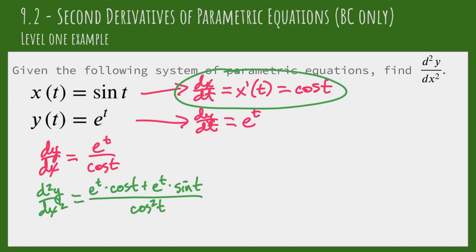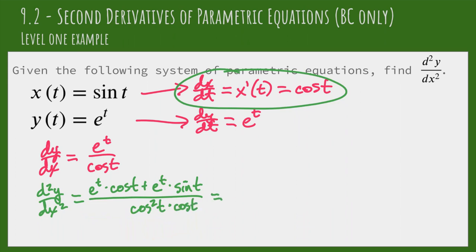So this whole thing is going to be divided by dx dt, which is cosine of t. Now, if I'm dividing by cosine of t, I already have a fraction. So in order to divide by that, I can instead just multiply the denominator.